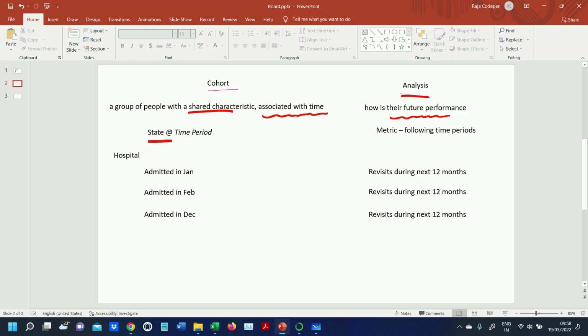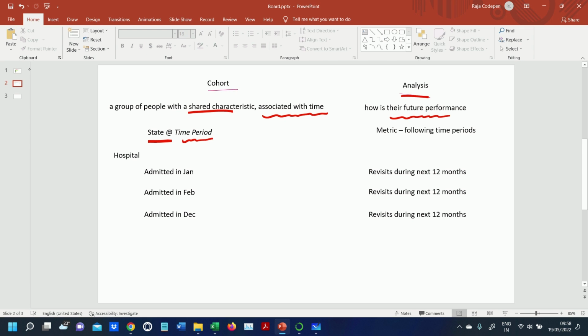So we can see it as, say in your business, that a certain group of people are in some state. The state means some attributes or some status is assigned to them that is associated with some time period, maybe in a month or a week or a day or a year. In a certain time period, a certain group of people are in a certain state, right?